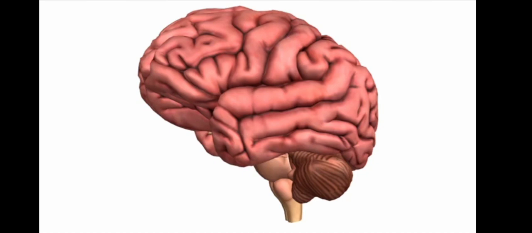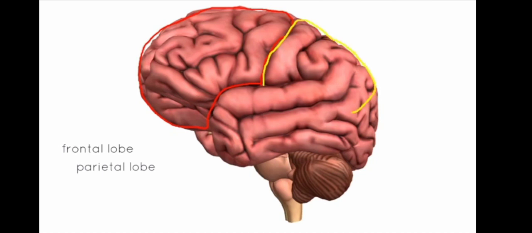Basically, first one, anterior to the central sulcus here. So in front of this central sulcus, whatever lobe is there, this one, this is the frontal lobe of the brain or the cerebrum. Next, behind or posterior to the central sulcus, this one, this is the parietal lobe, which is drawn in yellow.